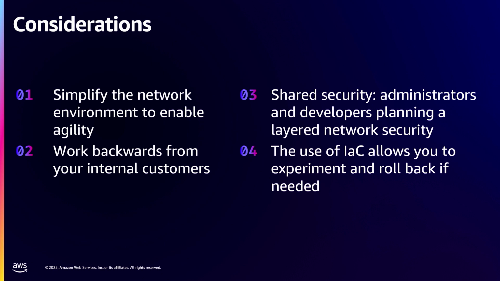We see a lot of this fight where the security and networking people are the bad guys because you don't enable the developers to be agile. Services like VPC Lattice enable you to do that without losing security. And also work backwards from your internal customers. Understand what their needs are, how you can simplify their lives, and how you can make sure that they can work as fast as they can while you provide these security mechanisms.